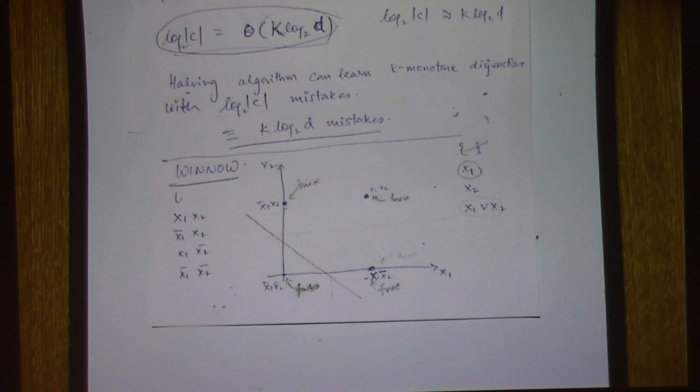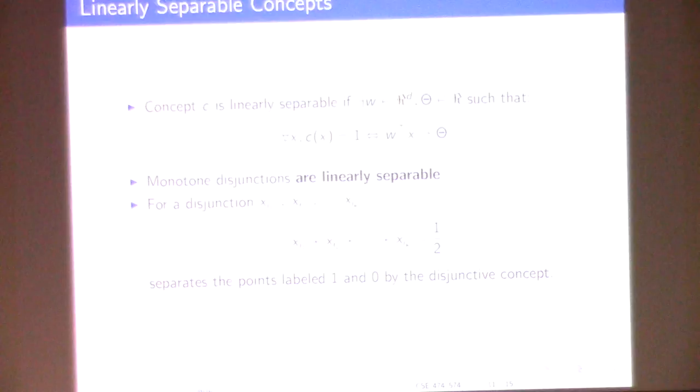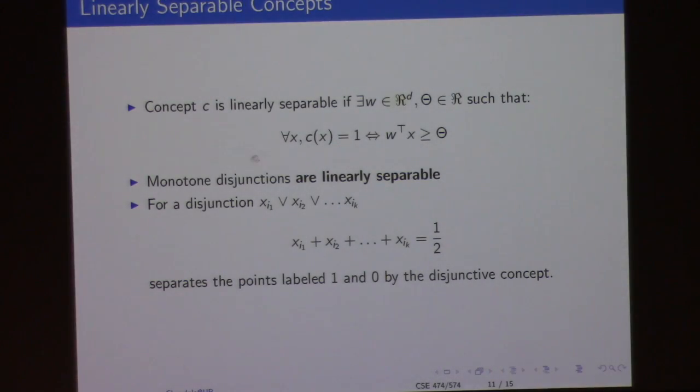Drawing a line is the same as finding the concept. And in fact, without giving you the proof, I can tell you that for any k monotone disjunctive concept, this line will be the line that will separate the two types of points.